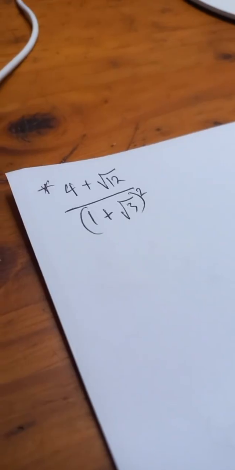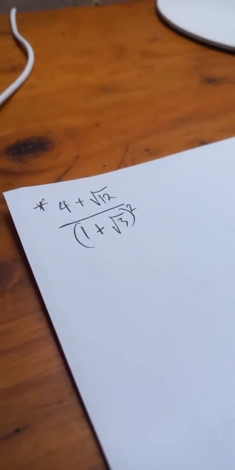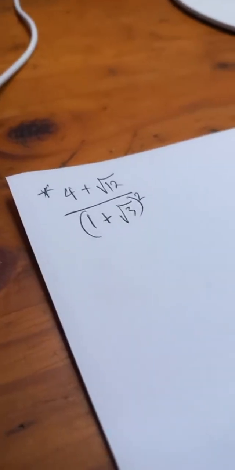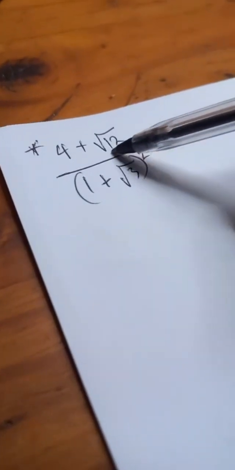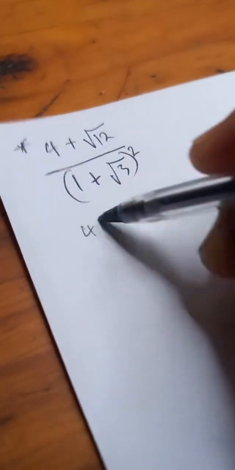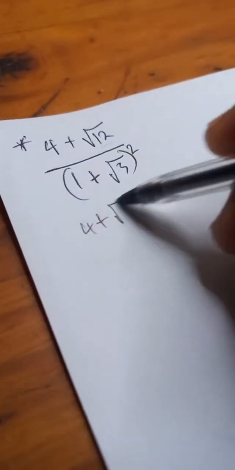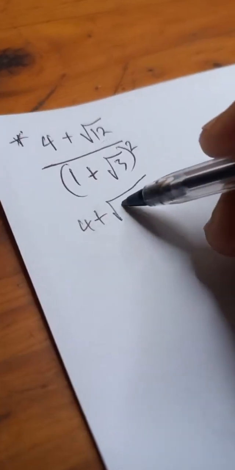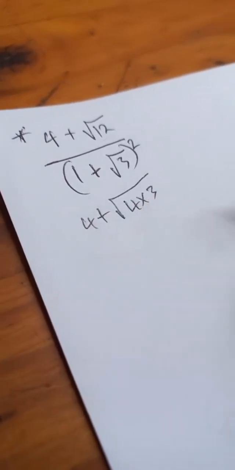Right. What do we do here? Here we have this guy, 4 plus square root of 4 times 3.